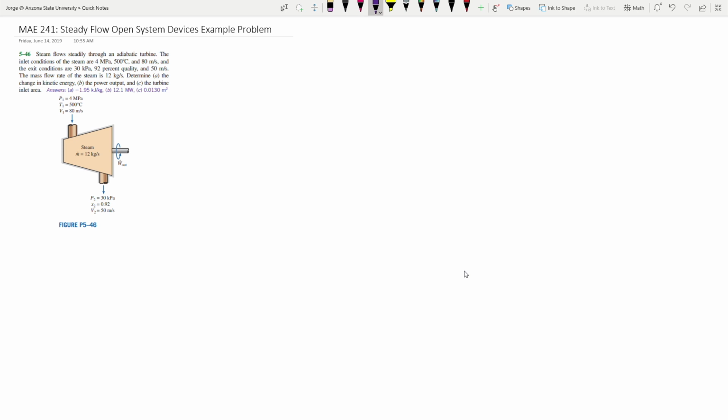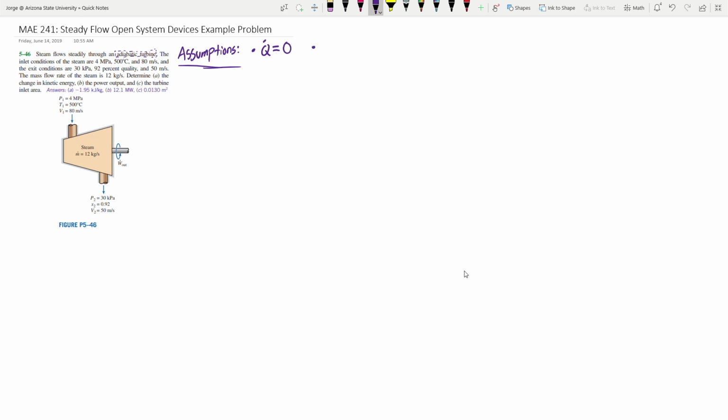Okay, so one thing that I like to do to start off any problem in thermo is write our assumptions down. So what can we assume here? Well, it's telling us in the first sentence that we have an adiabatic turbine. So we can say that the Q dot, the heat transfer, is 0.